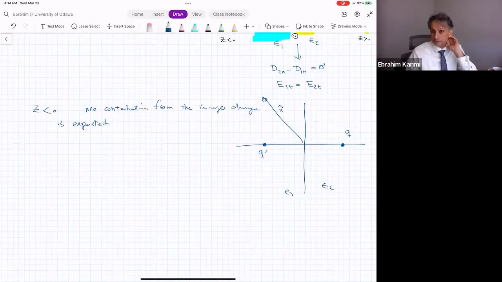All right. Which material are you considering? Epsilon 1. So definitely the potential will be 1 divided by 4 pi epsilon 1. All right. Which charge will contribute to the potential here? Which one?